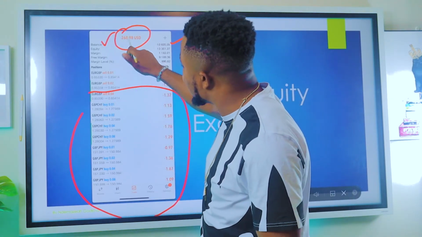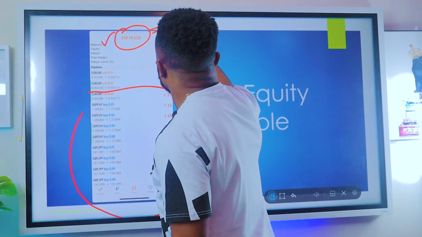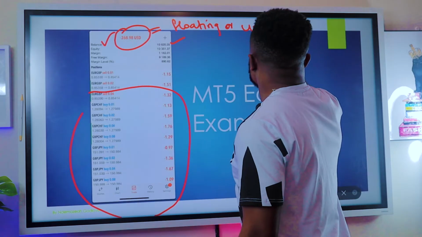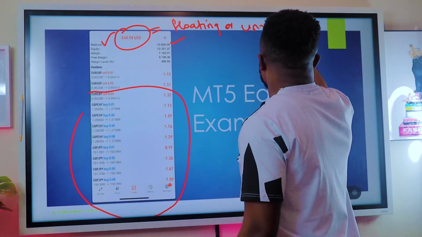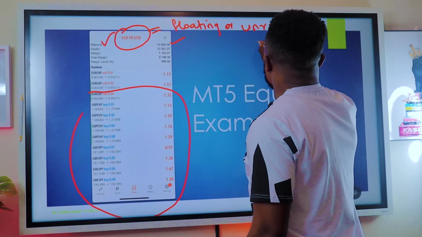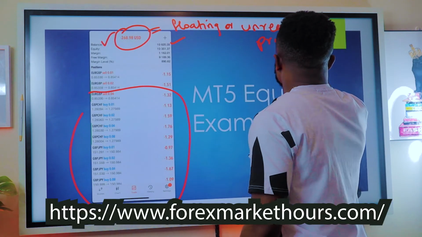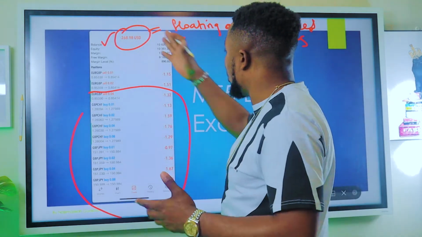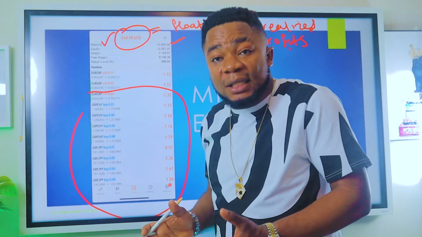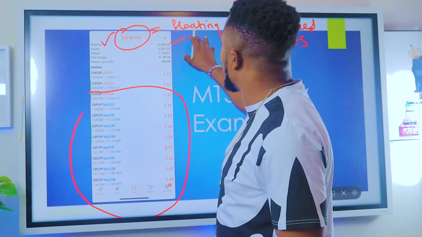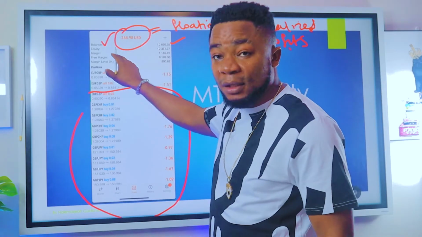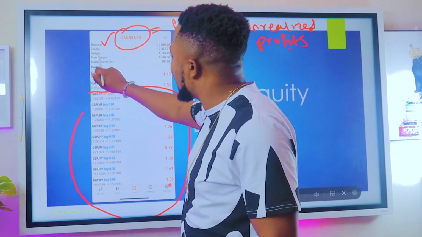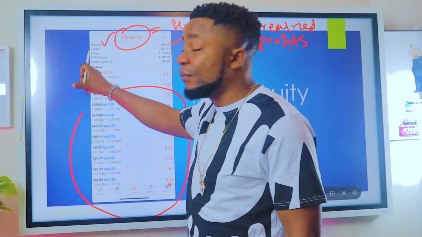So this $268 stands for my floating or unrealized profit. It is floating because it's still fluctuating, still going up and down. The fate of this trade is not yet known because I haven't closed it yet. It's still open. If I add this $268 to my balance, it gives me the equity.